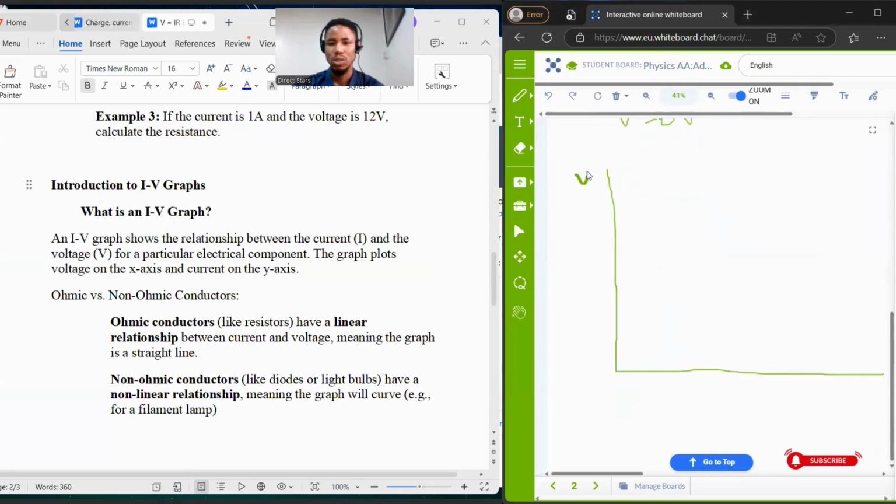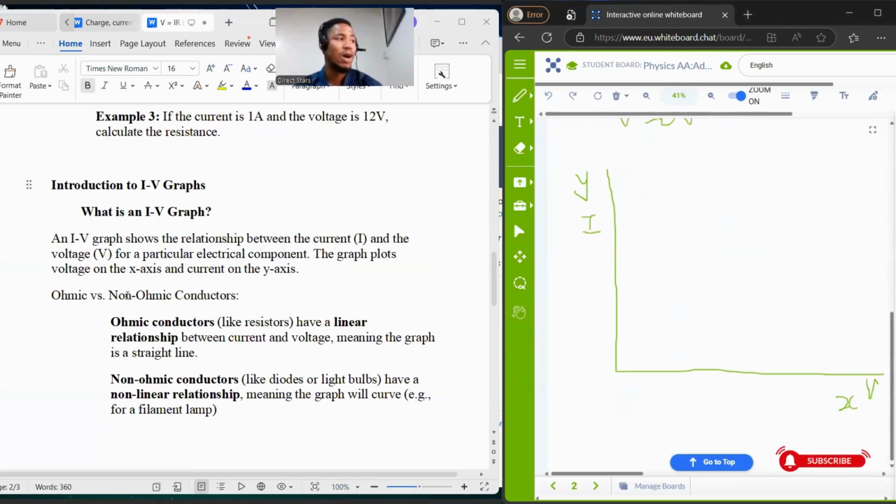Remember, this is the y-axis and this is the x-axis. The current is on the y-axis, this is I, that's why we call it an IV graph. And this is V, the voltage.